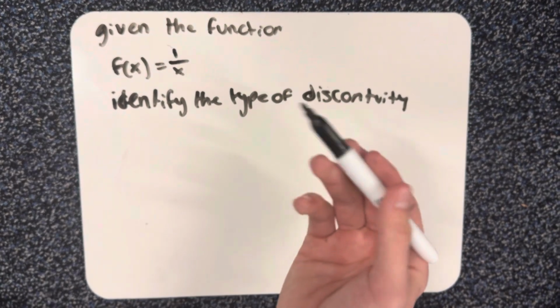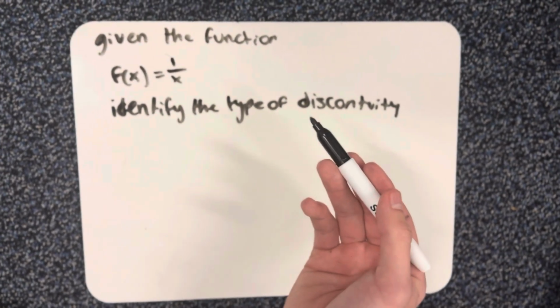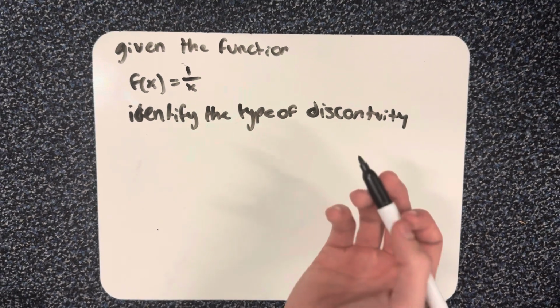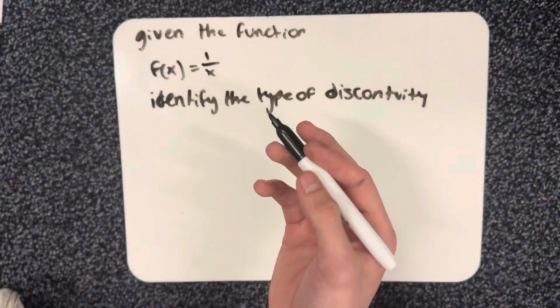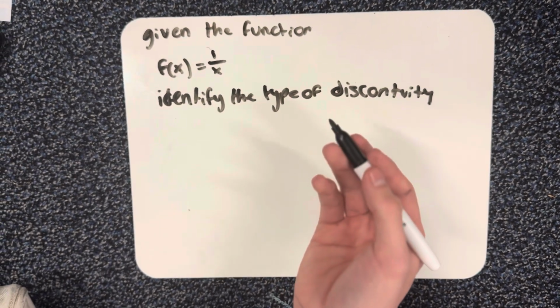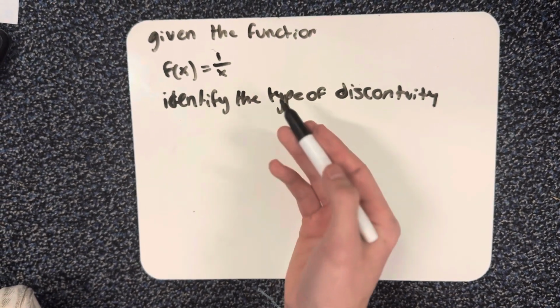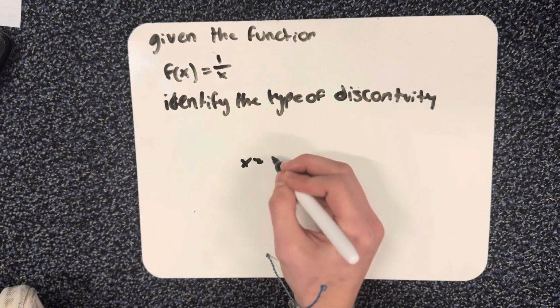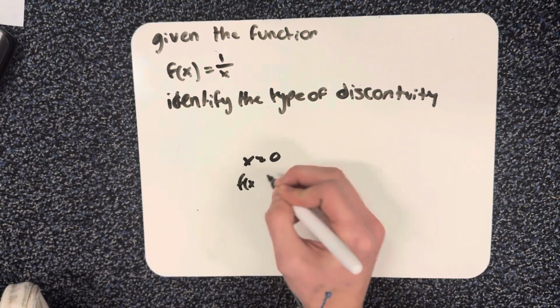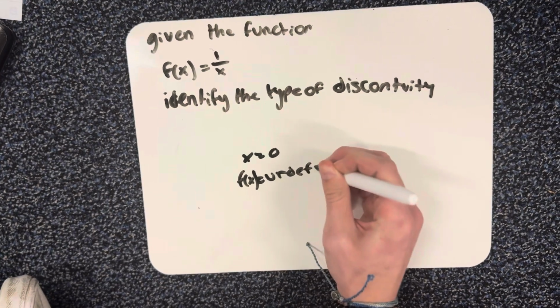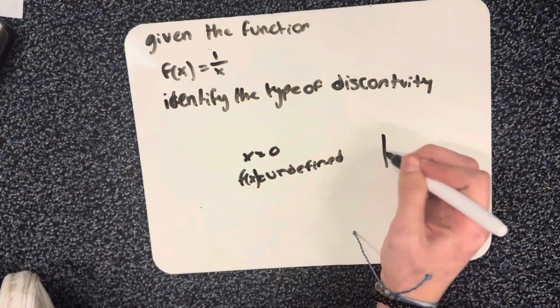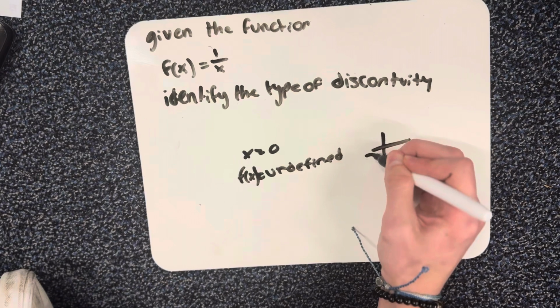Our second problem is, given the function f of x equals 1 over x, identify the type of discontinuity. So this function is 1 over x, and we know that anything divided by 0 is undefined. That means where x equals 0, the function is undefined, which means there would be an asymptote at x equals 0.